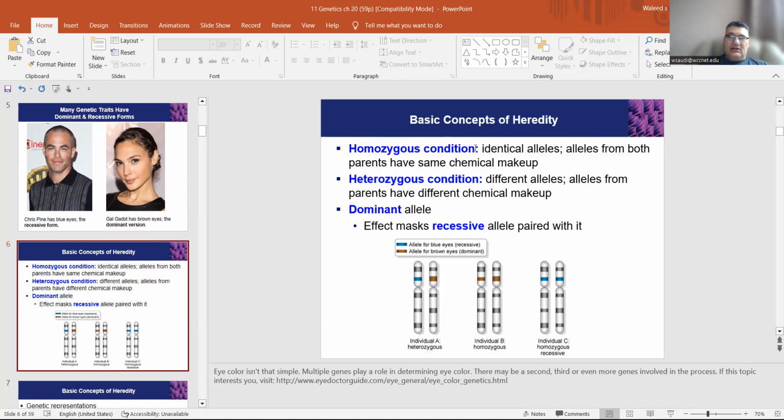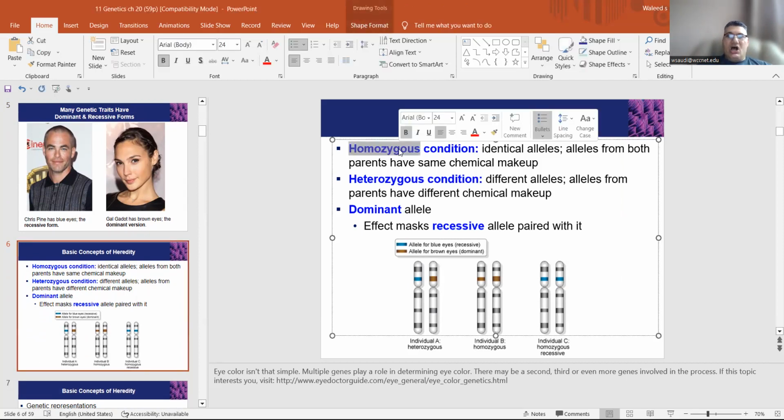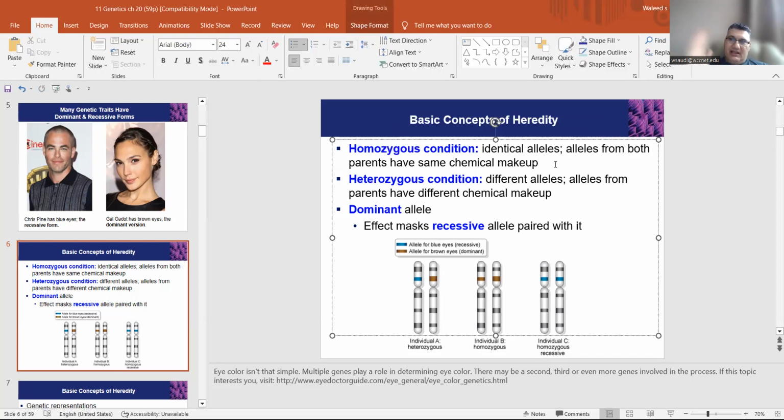If both alleles are the exact same thing, this is for blue, this is for blue, we call this homozygous. This allele is identical to the other allele. This allele in this chromosome is identical to the allele in the other chromosome.